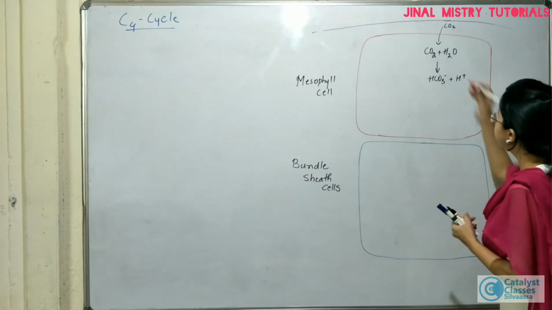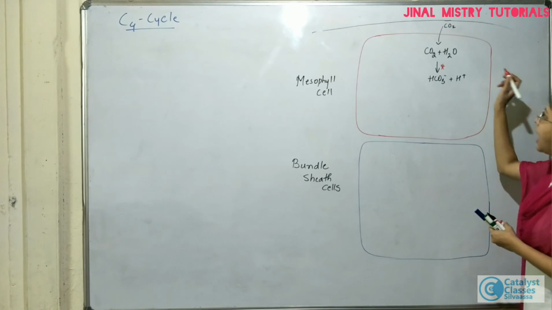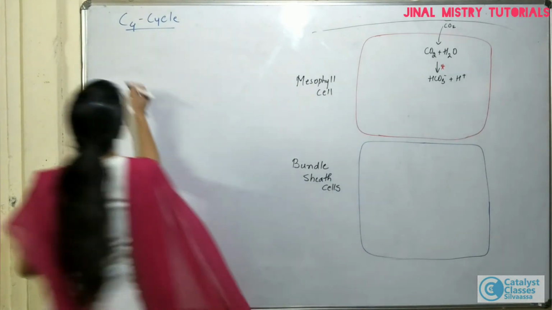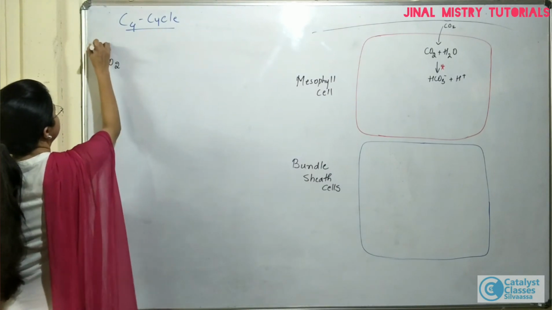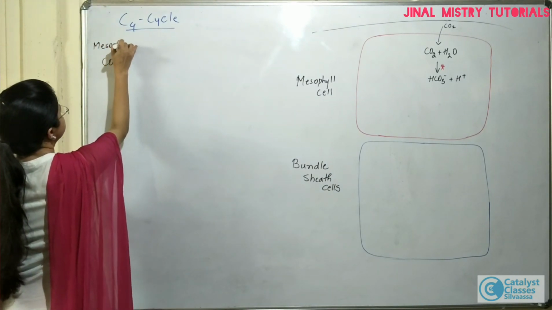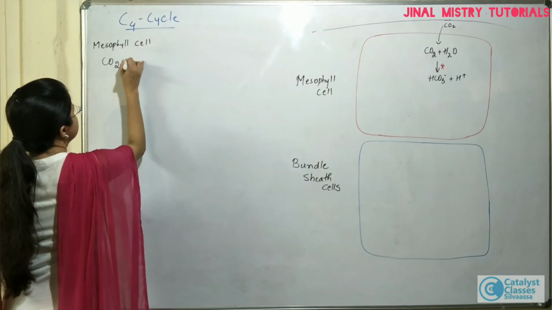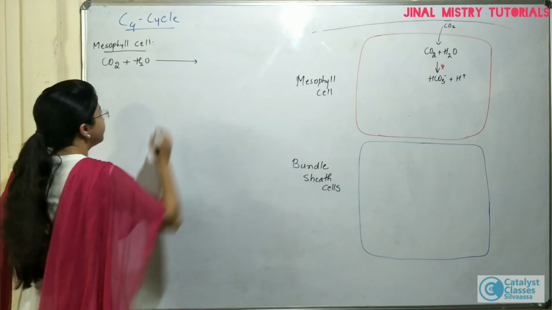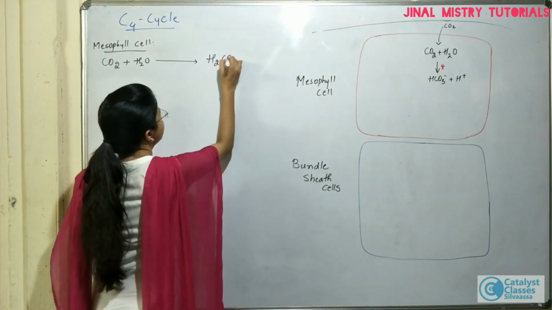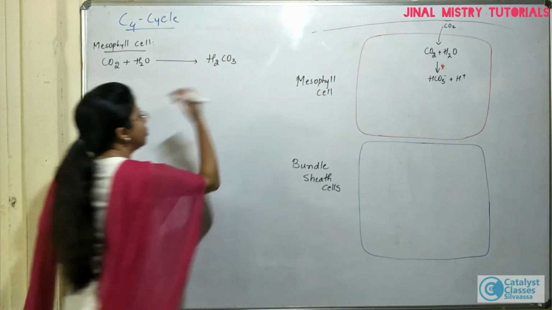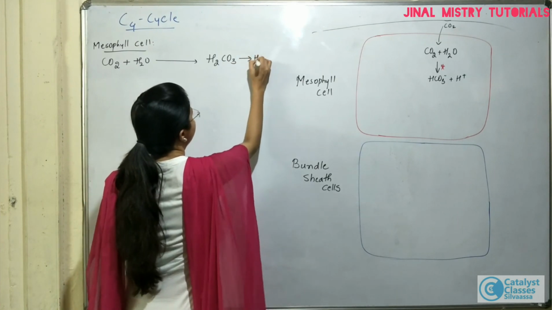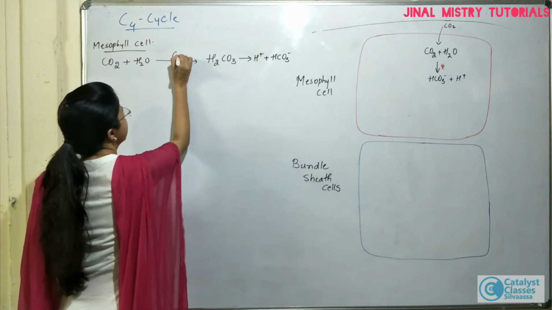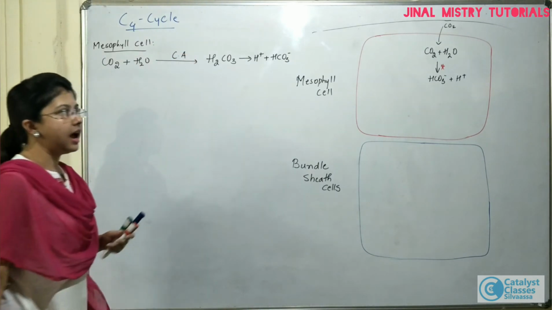Basically, there is an enzyme responsible for carrying out these reactions, which is called the carbonic anhydrase. So what happens is, carbon dioxide in the mesophyll cell reacts with water to form H2CO3, which is broken down into H+ and HCO3- by the enzyme carbonic anhydrase.